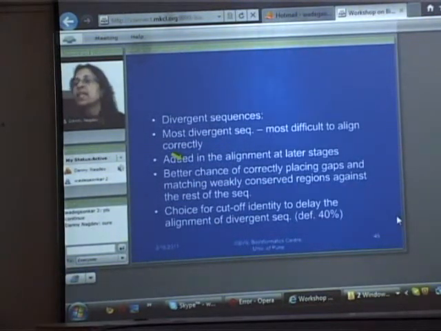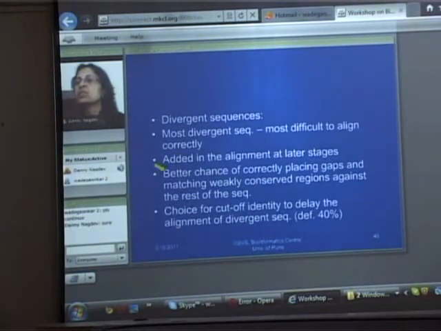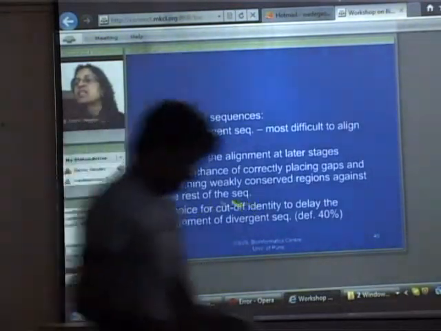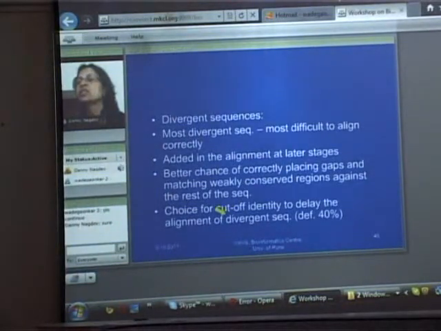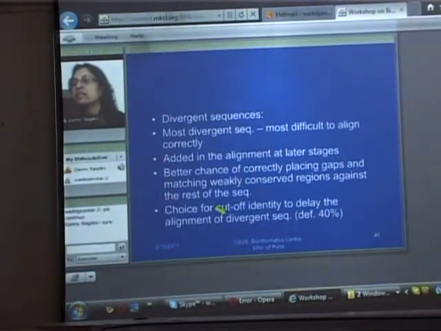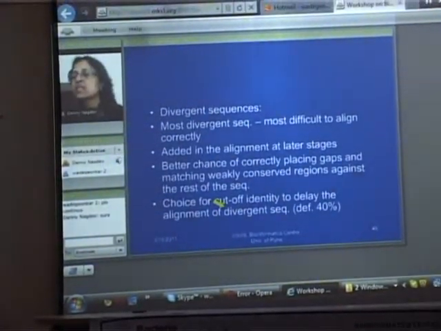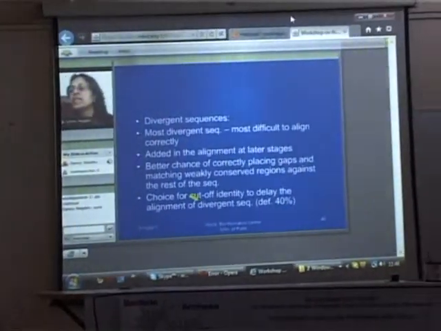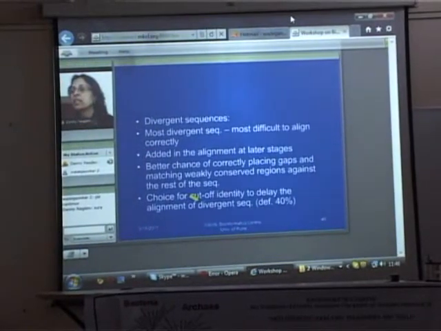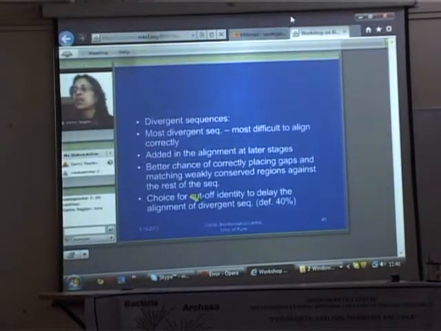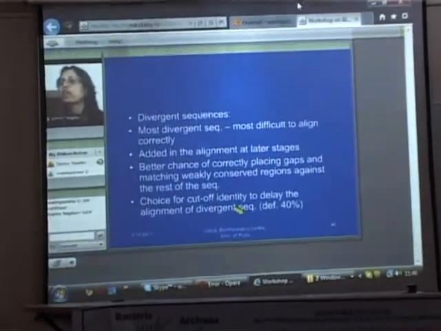So it delays the addition of such divergent sequences to the final alignment, and that delay factor is a choice given to the user, and it is a cutoff identity actually. You can decide that if any sequence from my data set has less than 40% identity with the other sequences in the data set, I would like to delay its addition to the final multiple alignment. And the default cutoff is 40%.